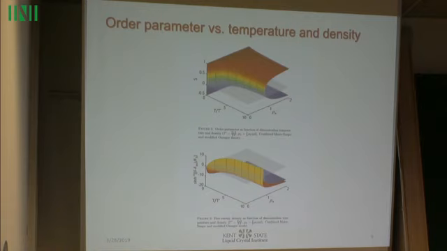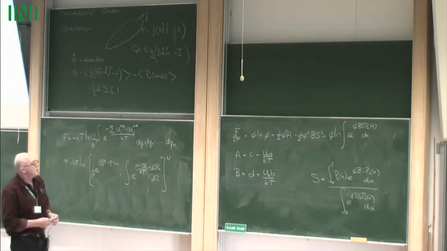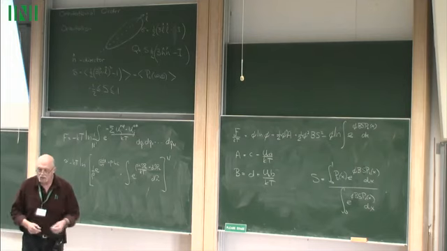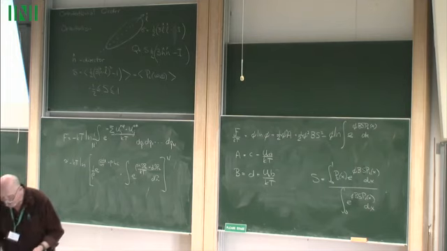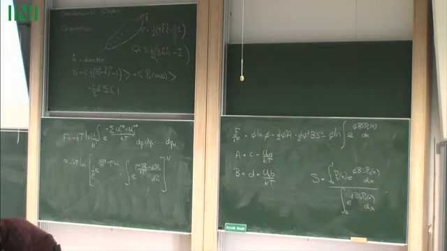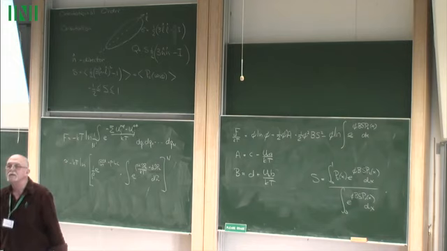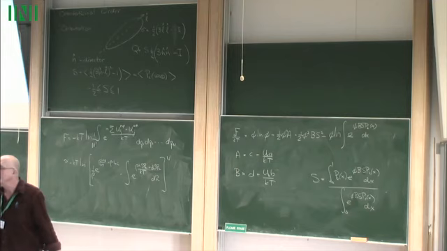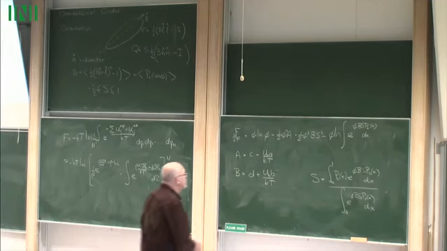You can push a lot of the StatMech questions into just this question: what is the free volume of a particle in a dense system? Good. So this completes the first lecture, nearly. Any questions or comments on that? Good. So we'll press on.